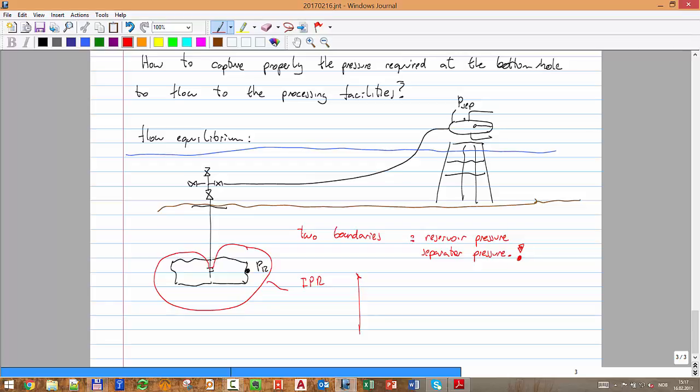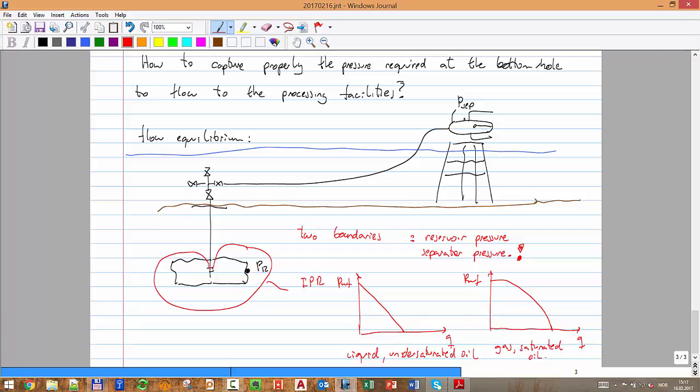It looks something like that: PWF versus rate, and it looks something like this for liquid, that means undersaturated oil, and it looks something like that for gas or saturated oil.